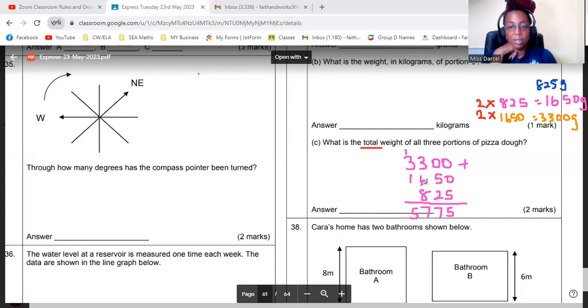All right, so let's just double check. Yeah, 17. All right, so our final answer in grams, we have to make sure we put grams in there: 5,775 grams. And there you have it. 4 easy marks right there. Boom. All right, let's go to the next question.